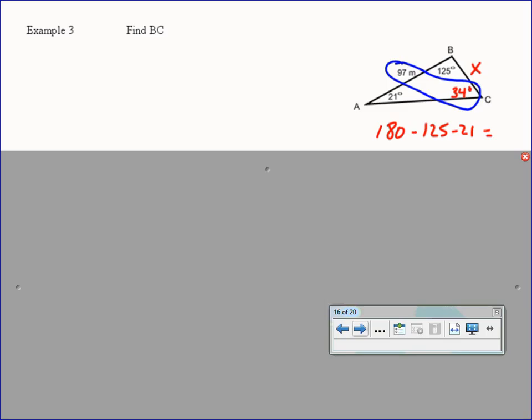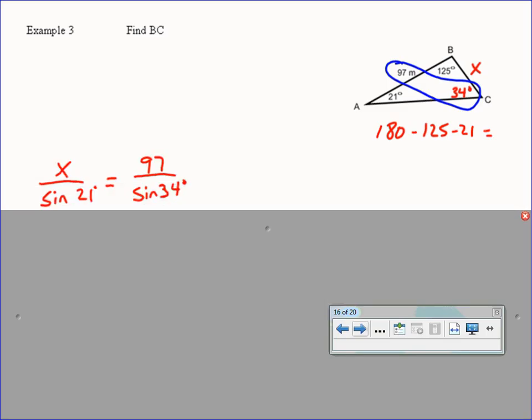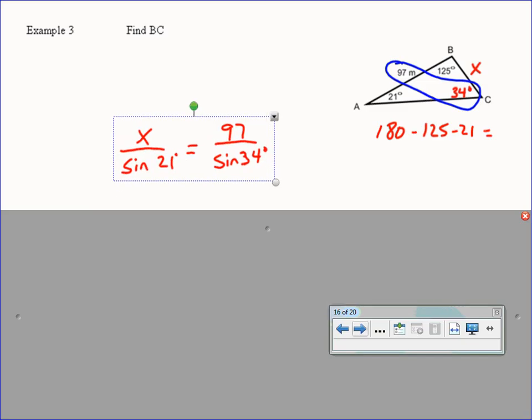I'll start off with my unknown side length on top. X over sine of 21 degrees, just like 97 over sine of 34 degrees. This is a one-stepper. We can solve for our unknown side length x through multiplication.